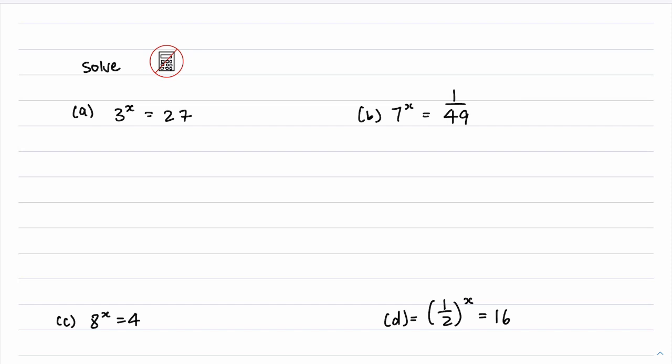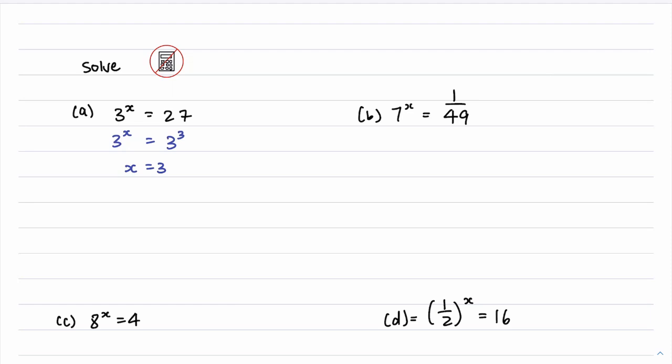This is non-calculator. Whenever we can, we want to first look for a common base. In question A, we have 3 to the power of x is equal to 27. We can rewrite the 27 as 3 to the power of 3. Now we have two expressions on each side of the equal sign with the same base, so we can conclude that x is equal to 3.